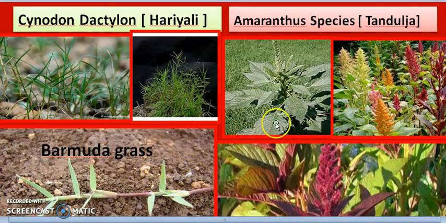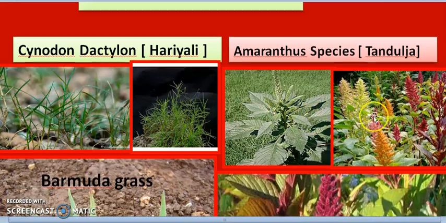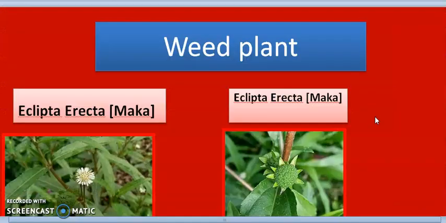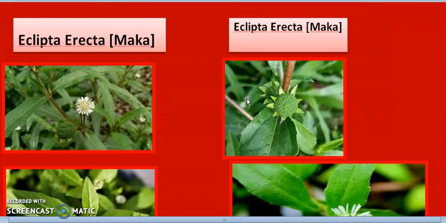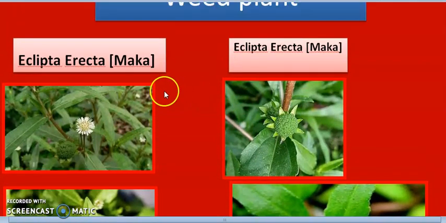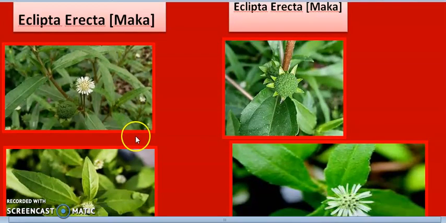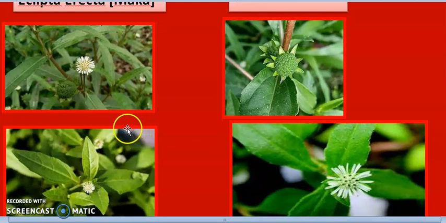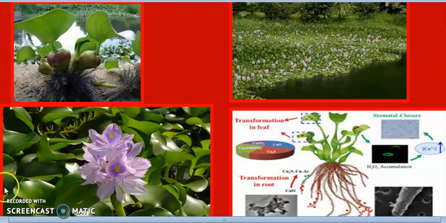In the next image we see the Amaranthus species, locally known as Tandoda, which is used as a leafy vegetable. Then in the next image we see Eclipta erecta, known as maca. It is a medicinal plant. It is also used in the preparation of Ayurvedic medicines.